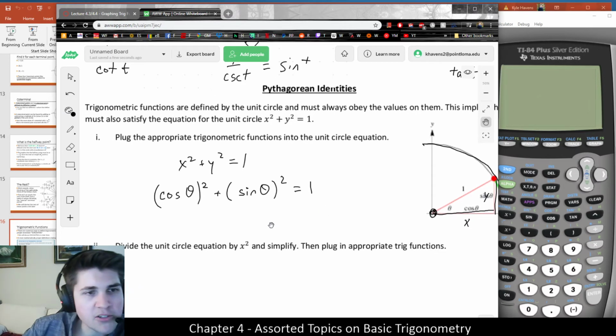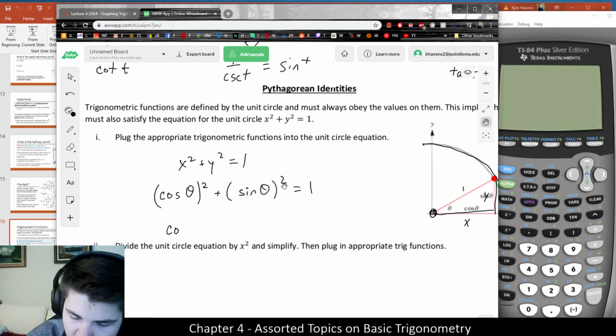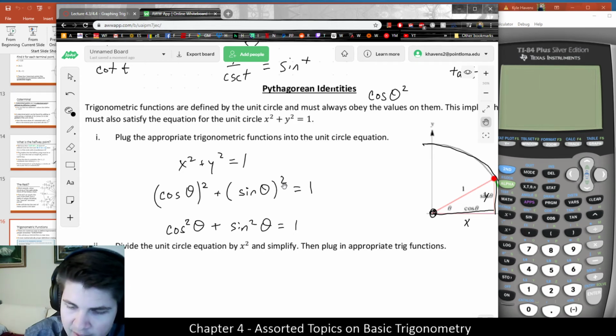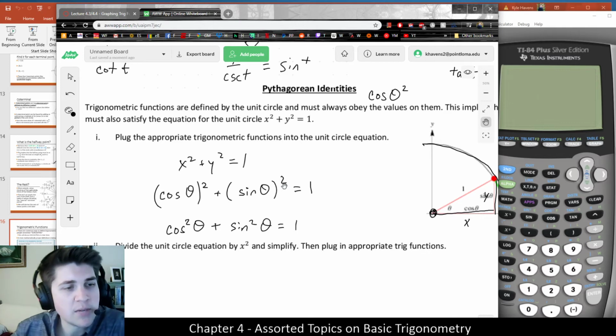Also, it's worth mentioning that in trigonometry we often shorthand a square of a function by putting the square on the function name, which just indicates a different way of writing it. The reason is ambiguity, like I was saying a few videos ago.